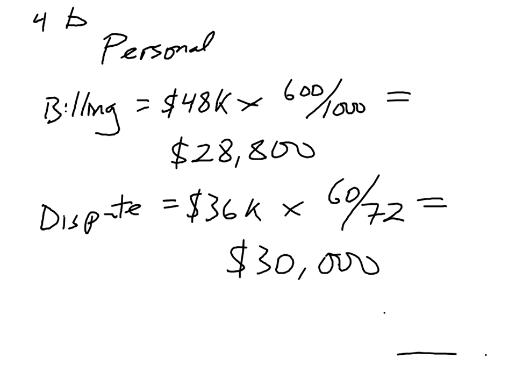So that's a little bit more fair, I think. Instead of splitting up the costs evenly between both departments based on bills, you should allocate the costs of the disputes to the department that is actually having all of these disputes. All right, so that was the personal part for Part B, and then you guys do the business numbers on your own.